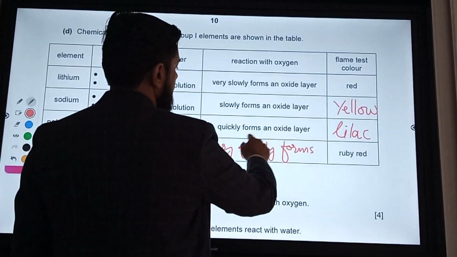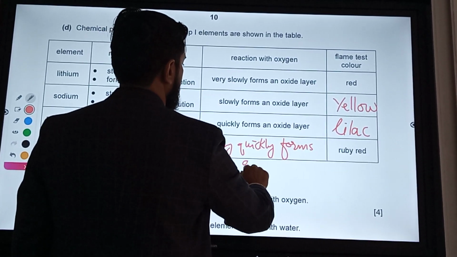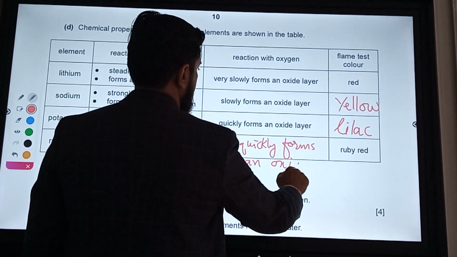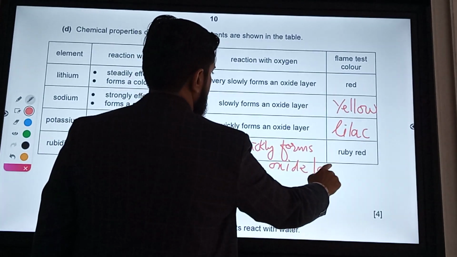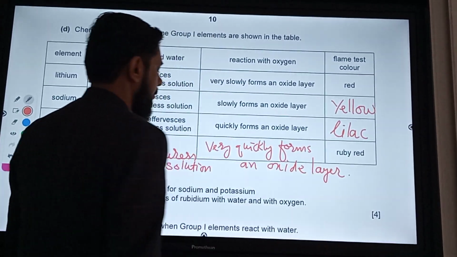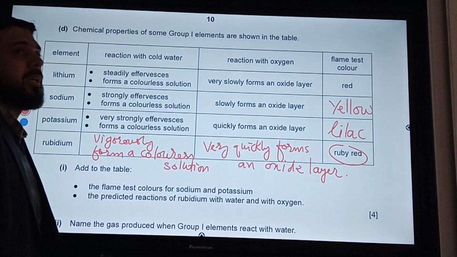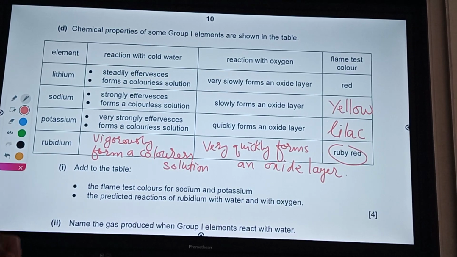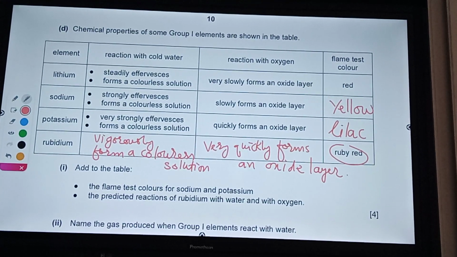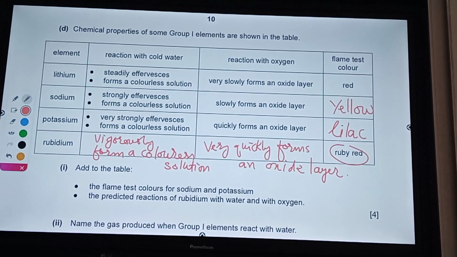Quickly forms an oxide, so we can say very quickly forms an oxide layer. As this color was not in our flavors, it is already provided. So you may have to keep that color in your mind. Maybe in the next paper it will help.